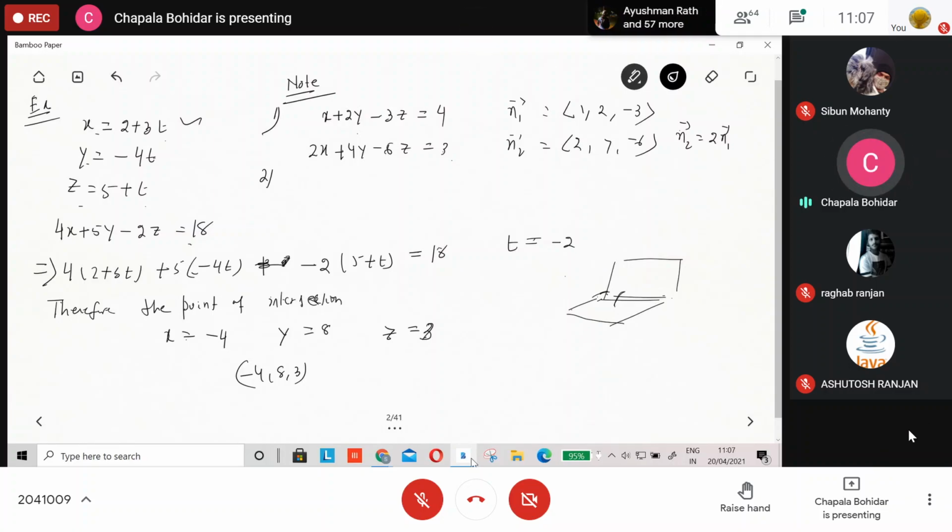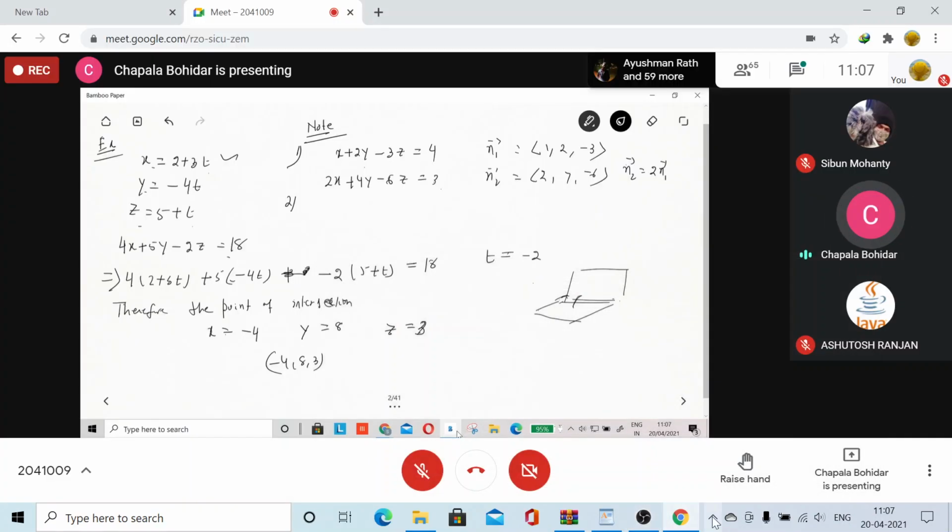Now, distance from a point to the plane, the distance formula.